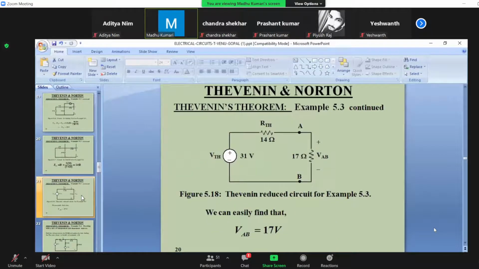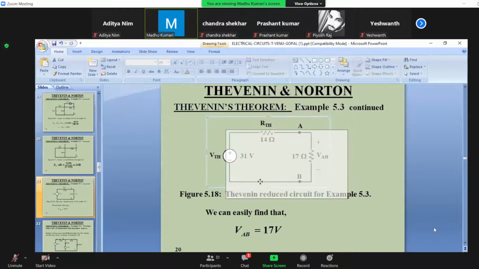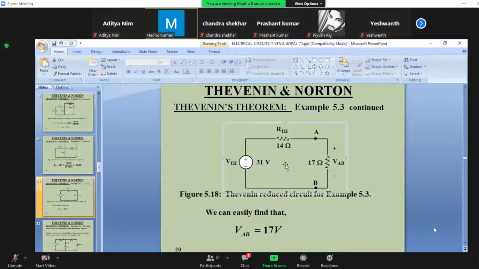Now, here VThevenin is 31 volt, RThevenin is 14 ohm, and here is the 17 ohm resistance, which was removed from the network. So what is the current across this? 31 upon 14 plus 17.